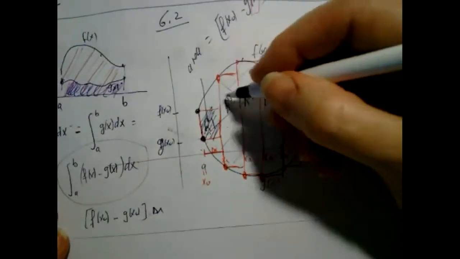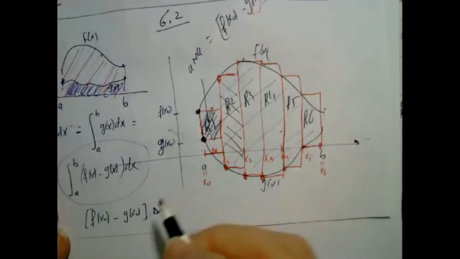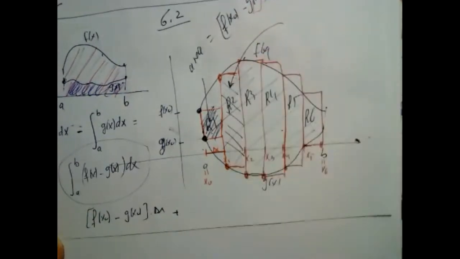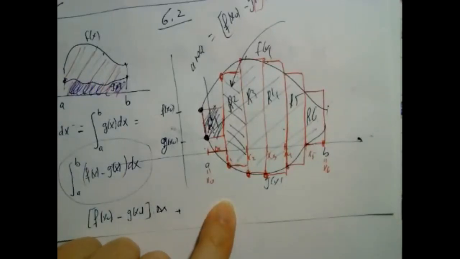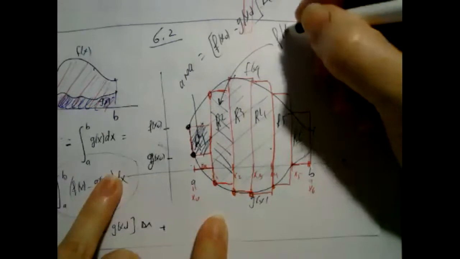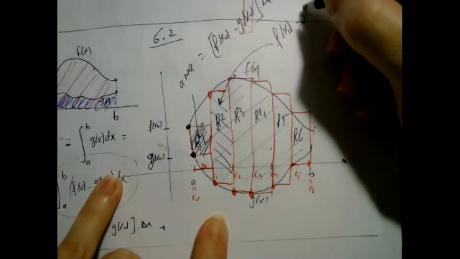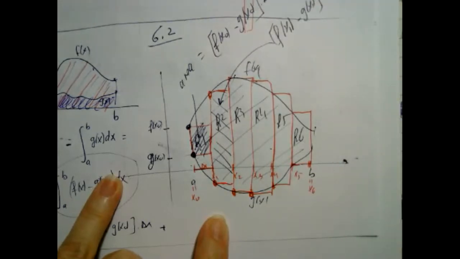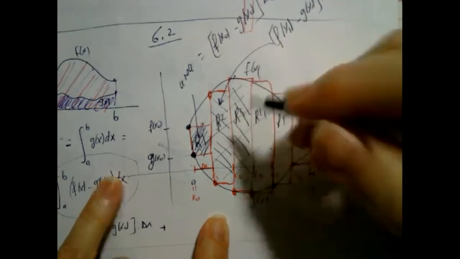What's the area of R2? It's f of x1 minus g of x1 times delta x. What's the area of R3?